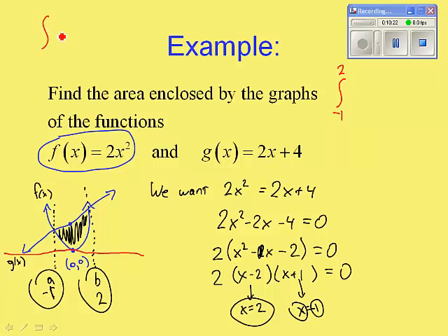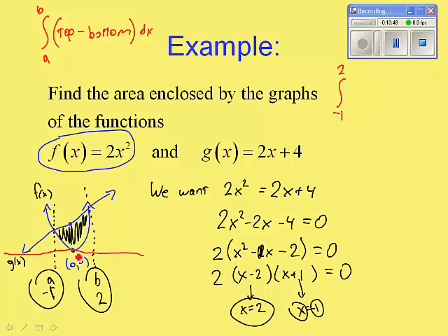See, the way you want to integrate is top minus bottom dx. Your book does that. The authors do that, and I really like that because that makes sense to me. The top function in this case is g, and the bottom function in this case is f. Do you guys see that?